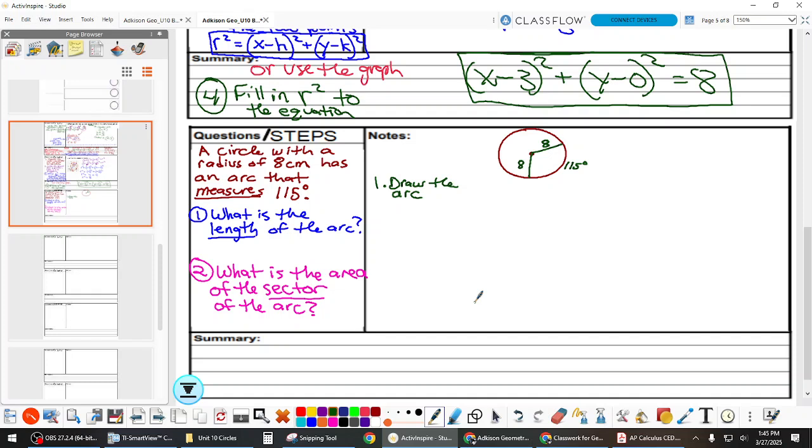Where else can we put the 115? Yeah. So copy it down to the central angle. Good enough. Okay, write the formula.